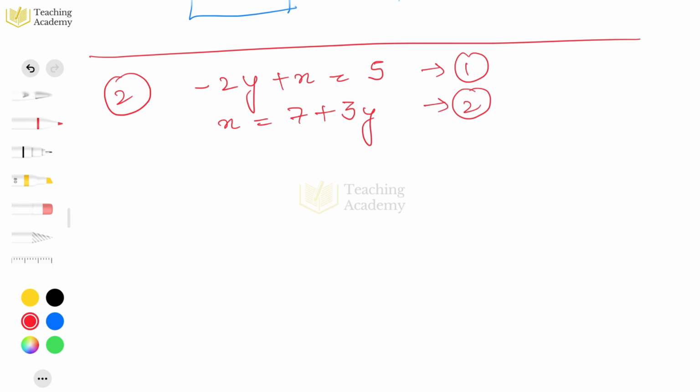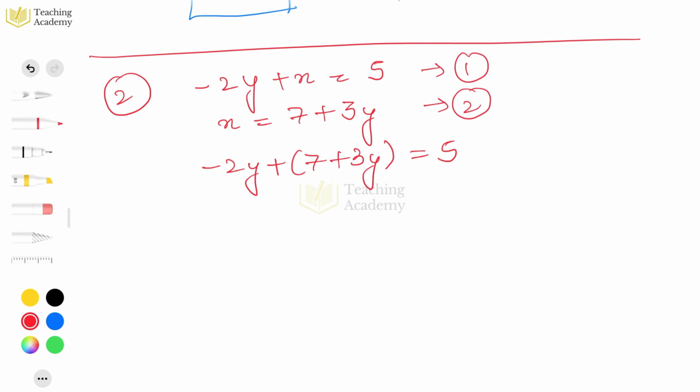Now if you look at it properly, you will find that x is already given in terms of y in the question. Now I am using the second equation and plugging it into the first one, right? So it's negative 2y plus, and this is 7 plus 3y. It is always safer to put a bracket here when you have two binomial terms, right?